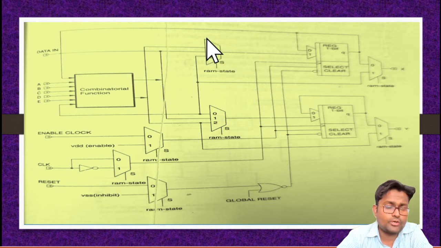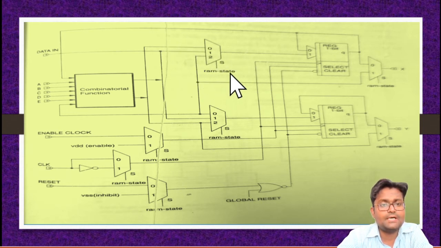For selecting one output from a number of inputs, we use the RAM state. These are the multiplexers, and the selection lines of these multiplexers are our RAM state.